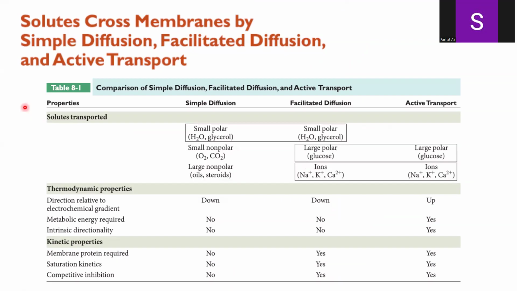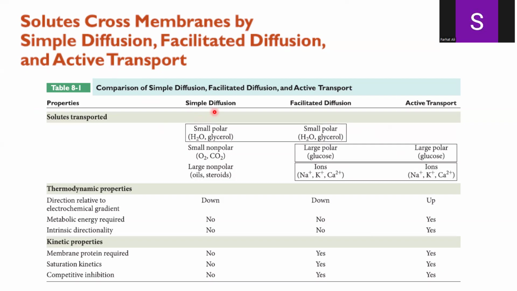So the table here shows the three major important processes for transport. These include diffusion as well as active transport. Simple diffusion is a process in which molecules move down their concentration gradient.